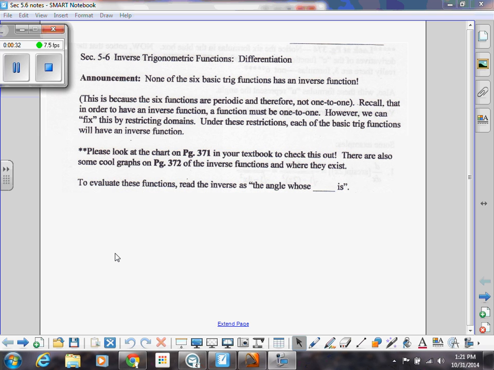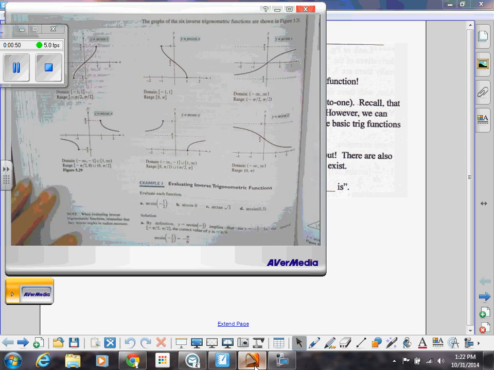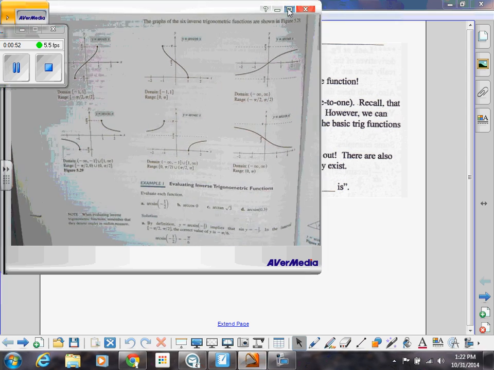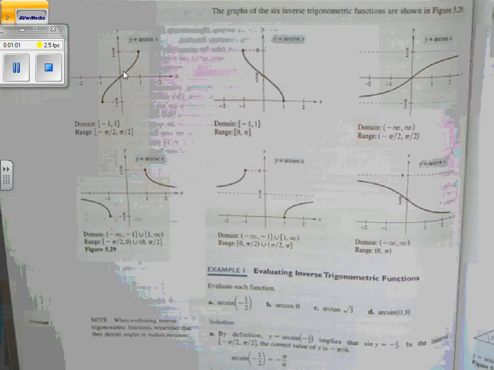Remember that? Okay. If you look on page 371, there's a chart that talks about that domain, but I really want to look at 372. Those are the graphs of the inverse functions, so I'll pull those up here as well. This is the inverse sine, and that has the domain restriction of negative pi over 2 to pi over 2.